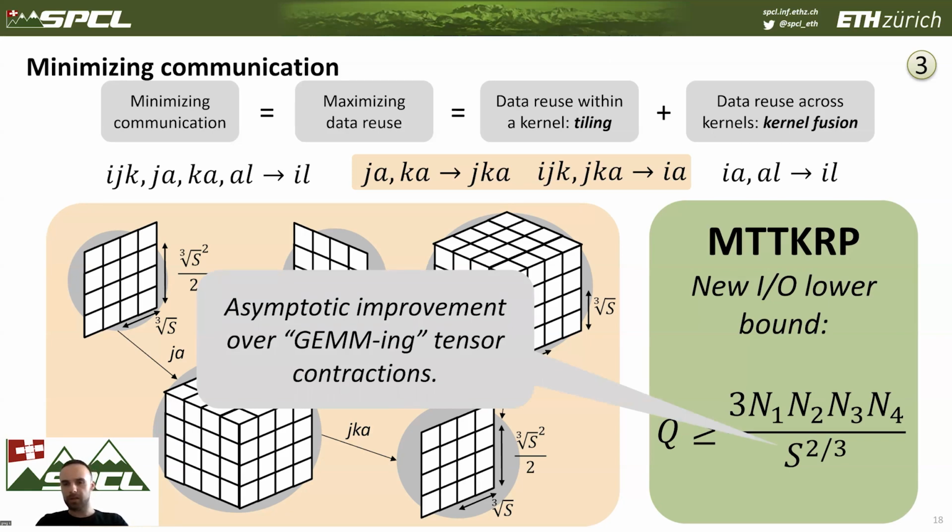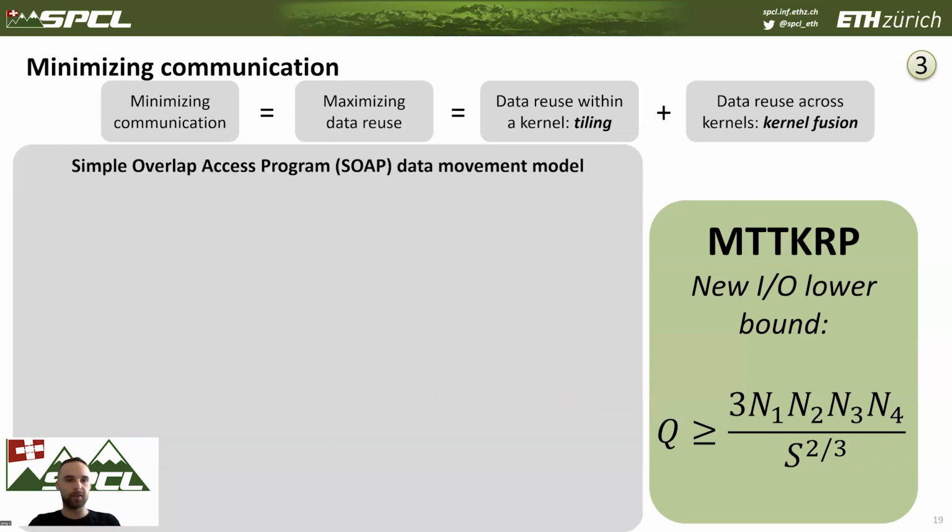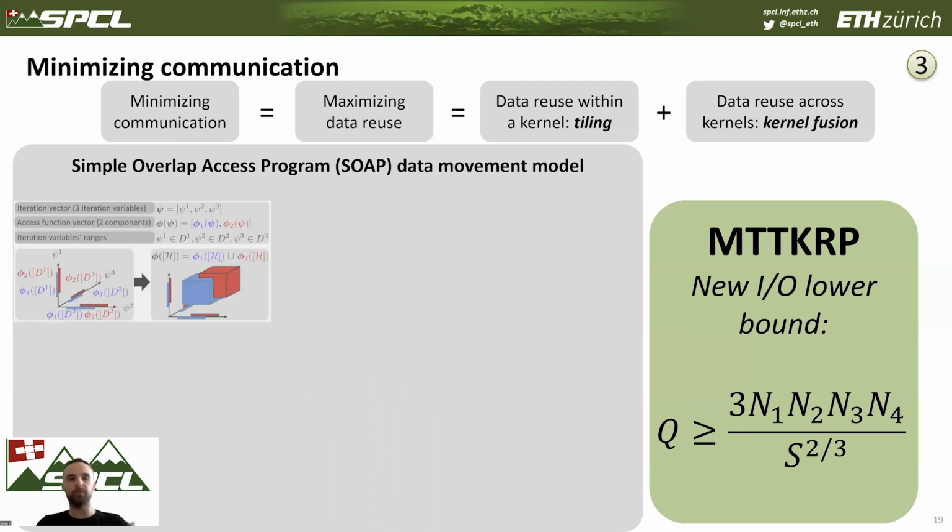To achieve this tight I/O lower bound, it actually takes quite a lot of mathematical work to prove the correctness and tightness of this result. And for that, we use the simple overlap access program data movement model. So first we need to examine all possible iteration spaces and possible tilings.